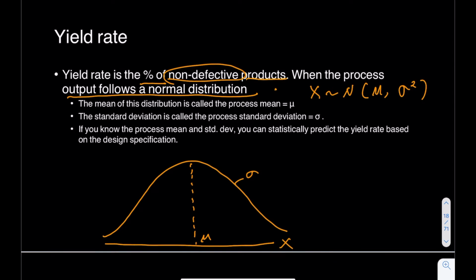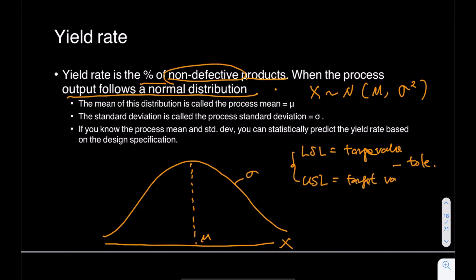When you use design specification as a standard, how can you decide whether a product is defective or not? You may find the upper specification and the lower specification. Here, lower specification limit means target value minus tolerance, and upper specification limit means target value plus tolerance.